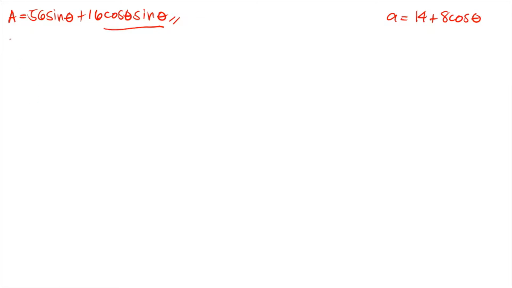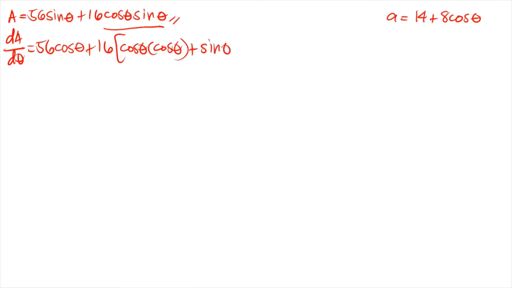So let's just differentiate first with respect to theta. So we have here dA/d theta equals 56 times the derivative of sine theta with respect to theta. That would be cosine theta plus 16. So we have here product of cosine and sine. We need to apply product rule, right? So we have cosine theta times the derivative of sine theta, which is cosine theta, plus copy sine theta, and then times the derivative of cosine theta with respect to theta, and that is negative sine theta.